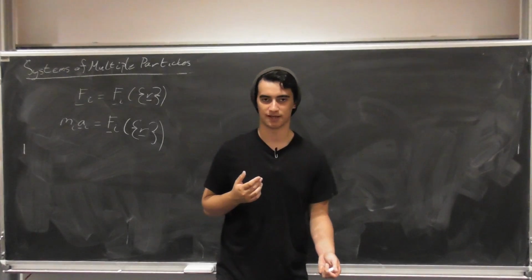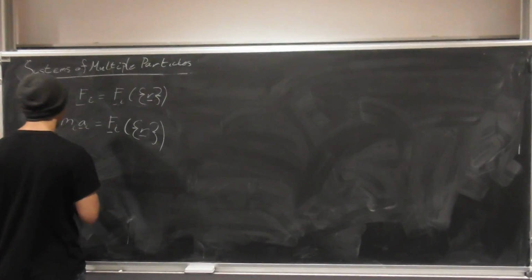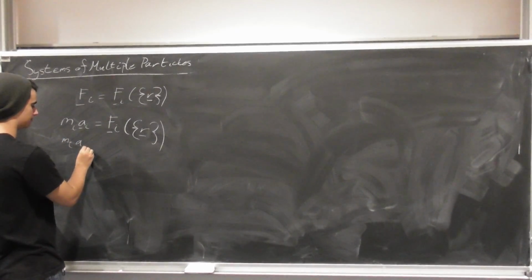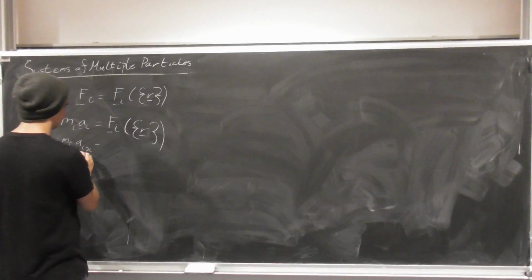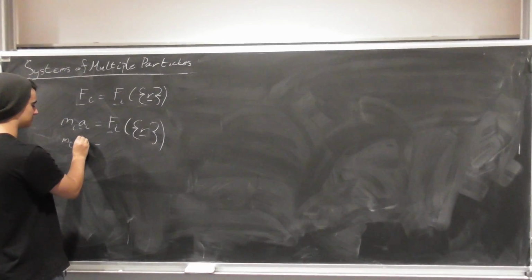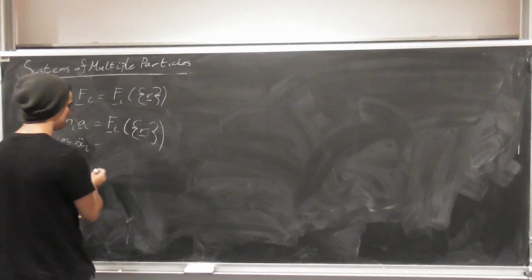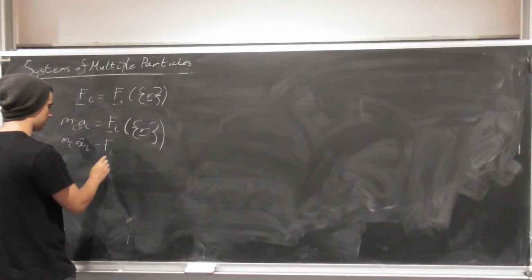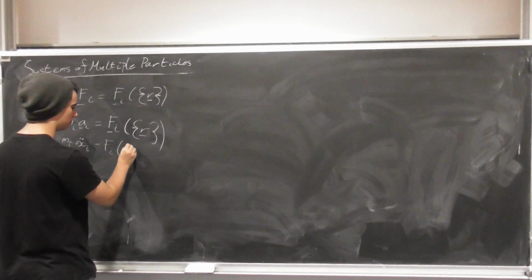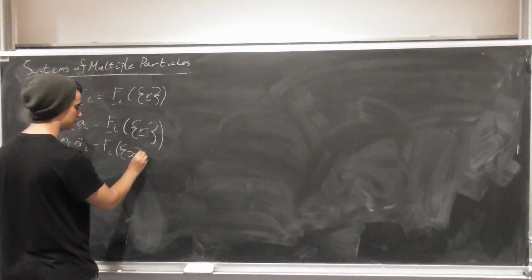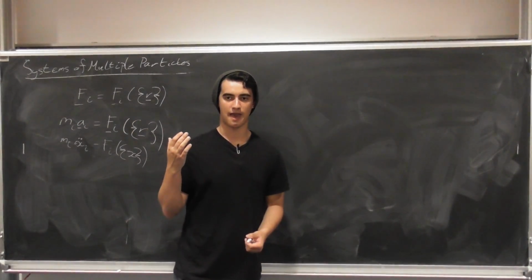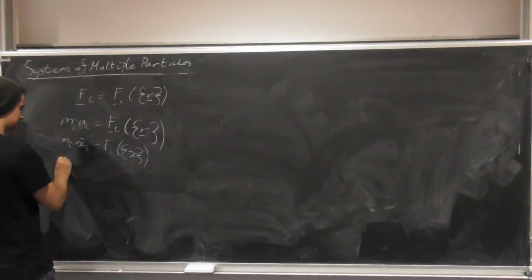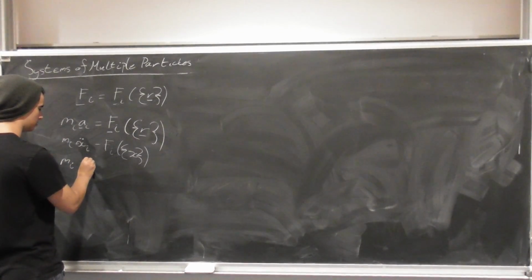We can break this down even further and say that the mass of the ith body times the acceleration of the ith body in the x direction, or we can rewrite this as x double dot of the ith body, is going to be the force function of the set of all x components of the position vectors. We can say the same is true for the y direction.